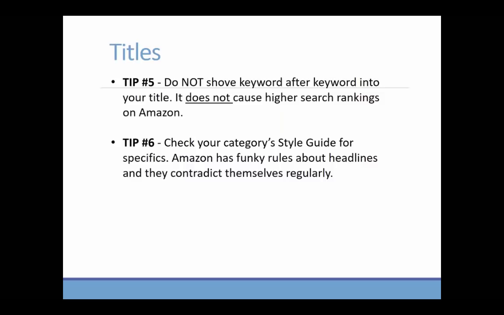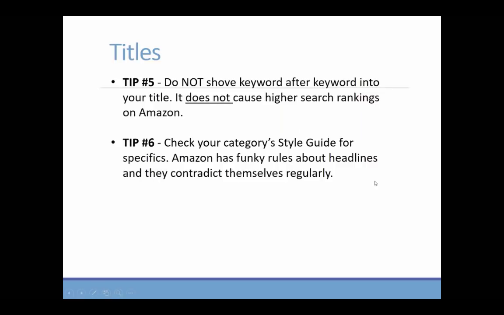Then you simply find the category or categories you're selling in and look at that. Amazon is constantly changing their criteria as far as titles go, and they really have some funky rules and regulations about these titles, these headlines.